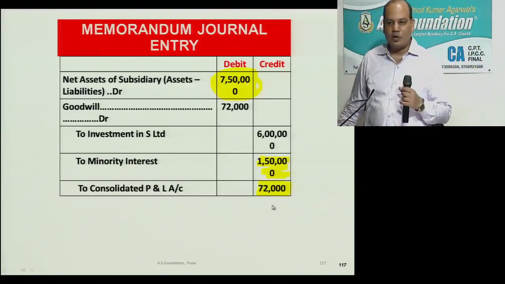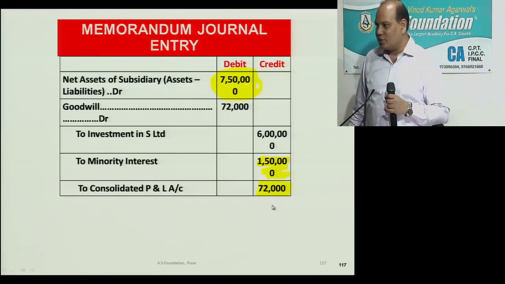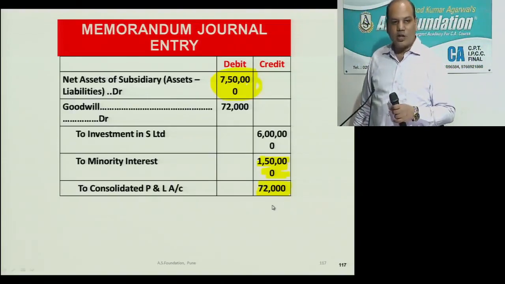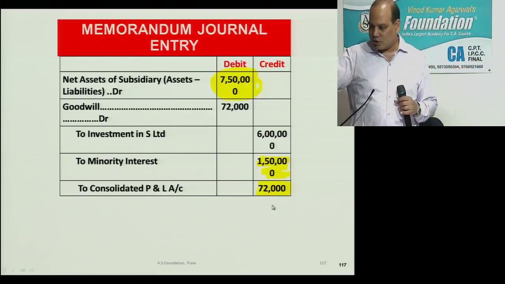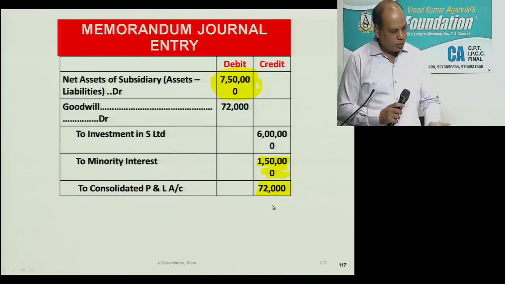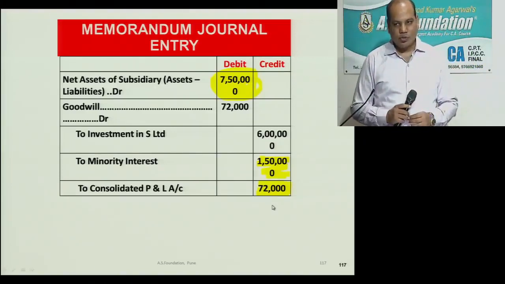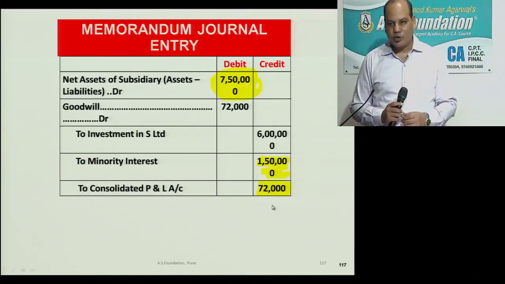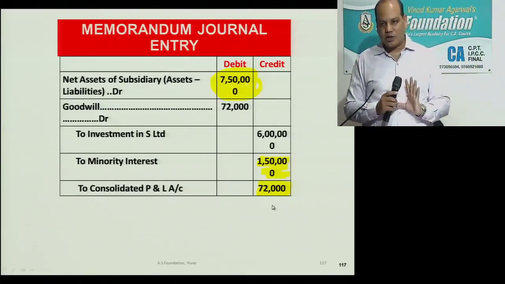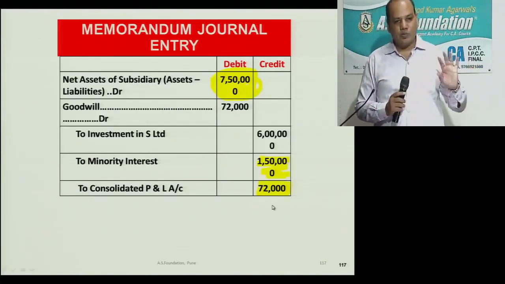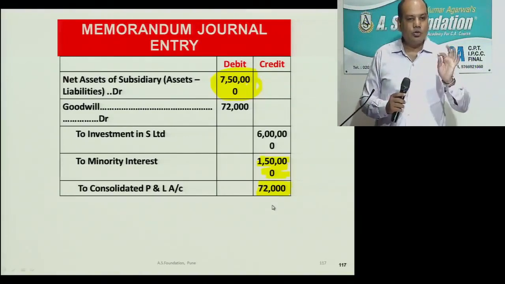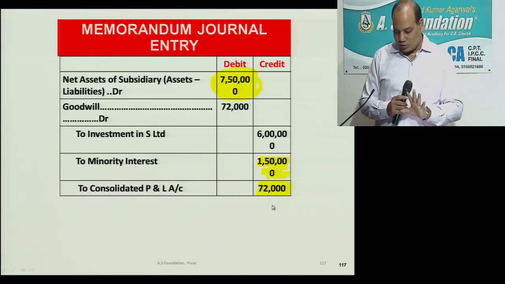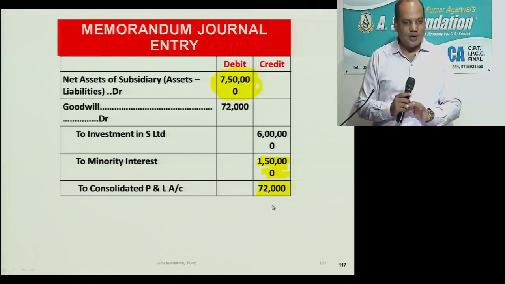That is the reason for passing this entry. This is called a memorandum journal entry. Such entries are not actually passed in the books of account. Why? Because subsidiary is one company, holding is another company. Only for the purpose of preparing the consolidated financial statement, outside the books, we give the effect of this entry. There is no such ledger account as goodwill account or minority interest account.